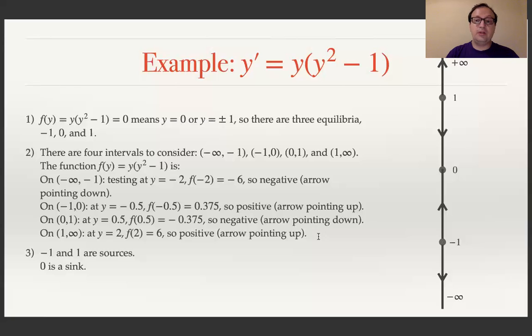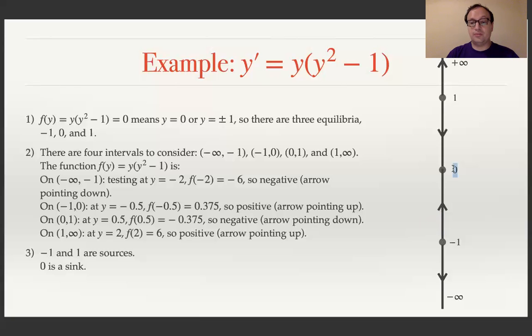And part 3, we are particularly interested again in the stability of the equilibrium points. Now we have three equilibrium points, -1, 0, and 1. From -1, both arrows near -1 are pointing outward, so -1 is a source, or an unstable equilibrium.